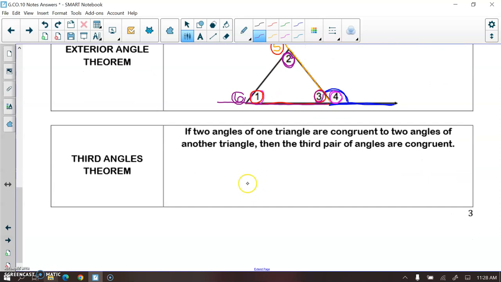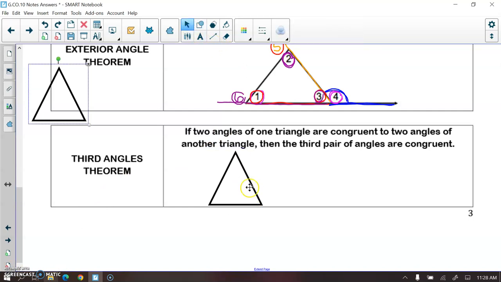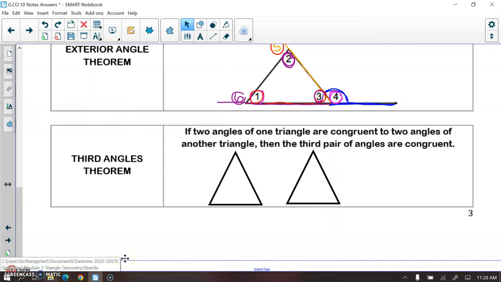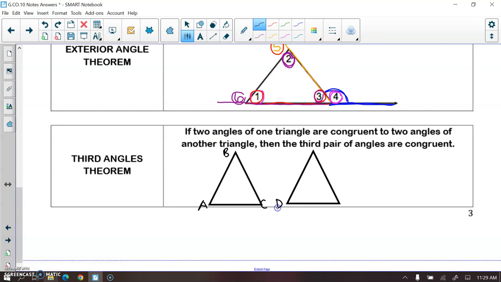And then finally we have the Third Angles Theorem, which states that if I have two angles of one triangle congruent to two angles of another triangle, then the third pair of angles are congruent. So what I mean by that is if I had this triangle here, and let's say another triangle, I'm going to call the first triangle triangle ABC, and my second triangle DEF.